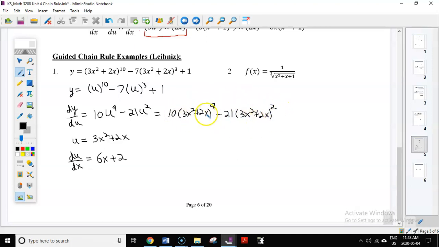So now this term times 6x plus 2 would be our final answer.